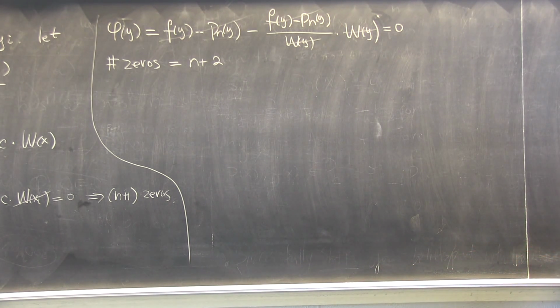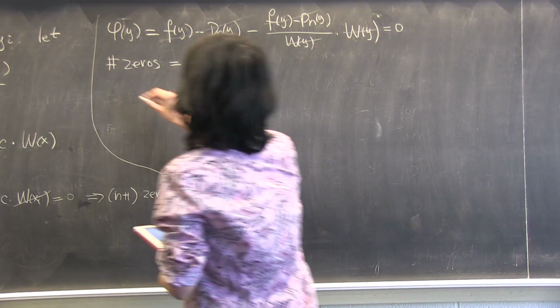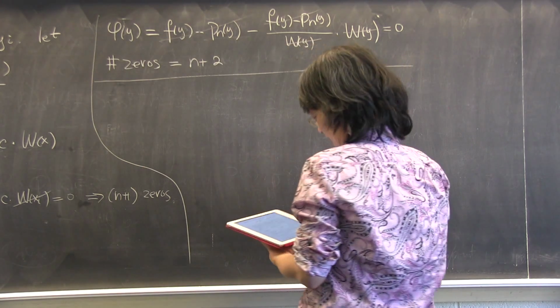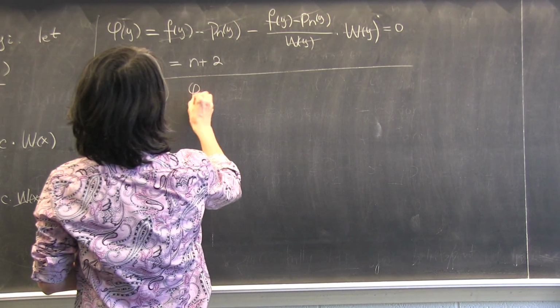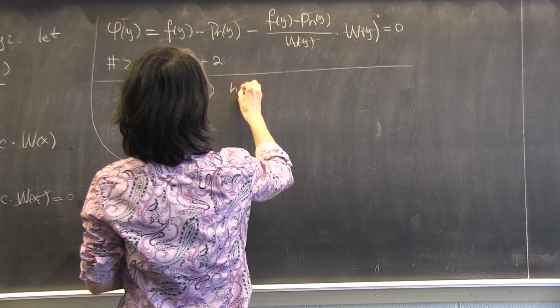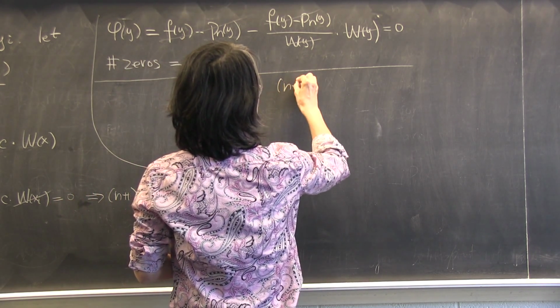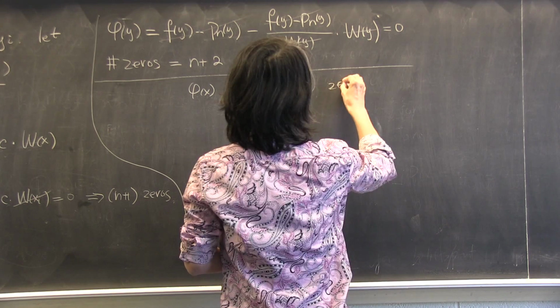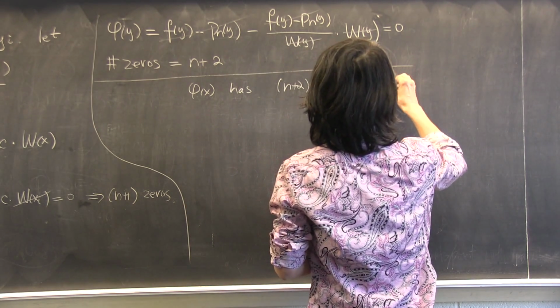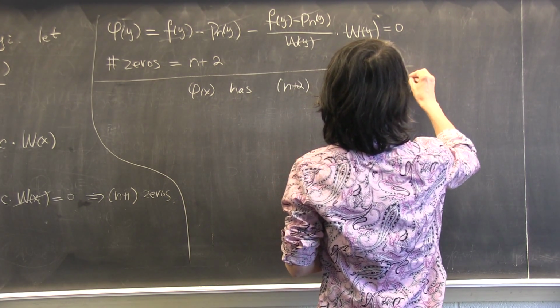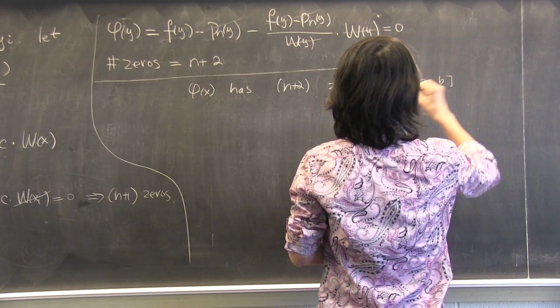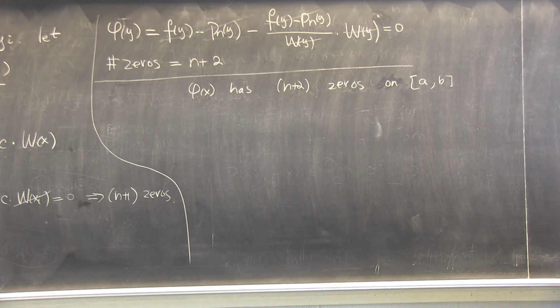Let's hope you agree. Here comes the deduction argument. So phi of x has n plus 2 zeros on the interval from a to b. That's what we just discovered.